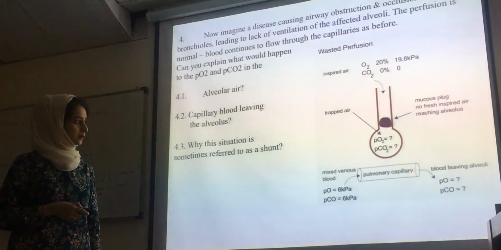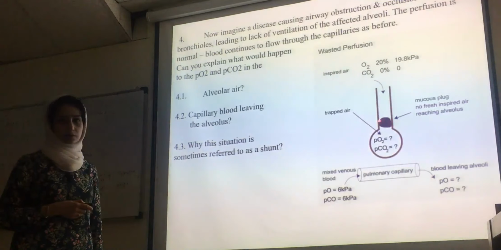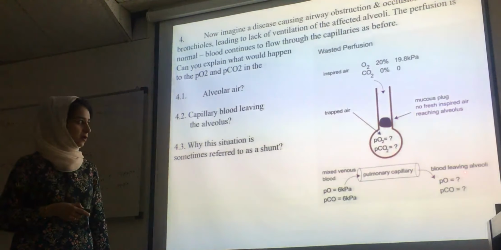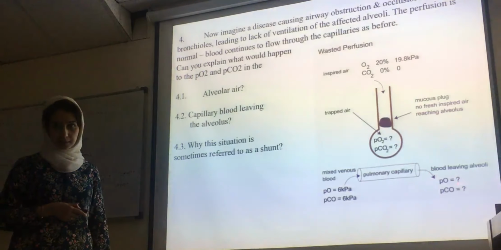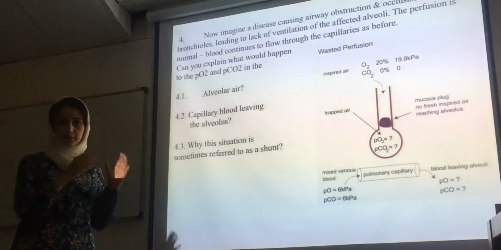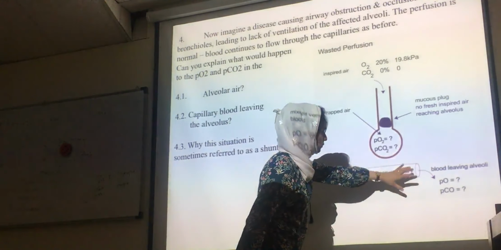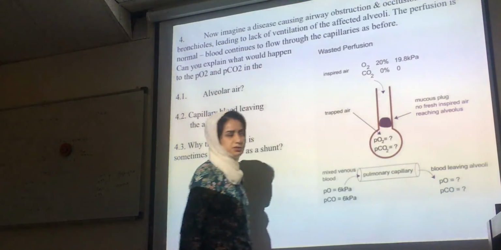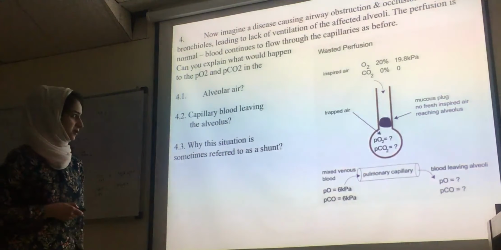But what will happen to this when there is obstruction in the alveoli, or abnormal ventilation, no ventilation to that alveoli? Of course, it will also become the same. The PO2 and PCO2 of the blood will become like that of the alveoli, because there is diffusion until there is no concentration gradient.